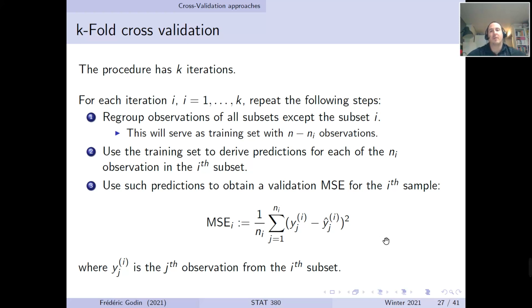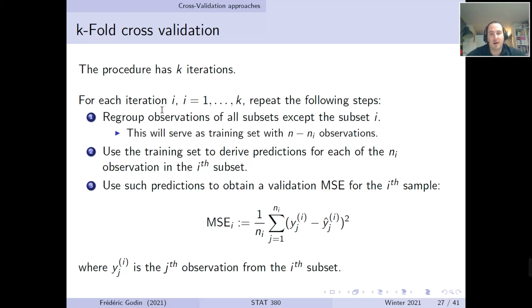Then the k-fold cross-validation procedure follows k iterations. You repeat the following procedure for all i's, where i goes from 1 to k. Here i doesn't refer to the ID of the observation. i represents the subset of observations.